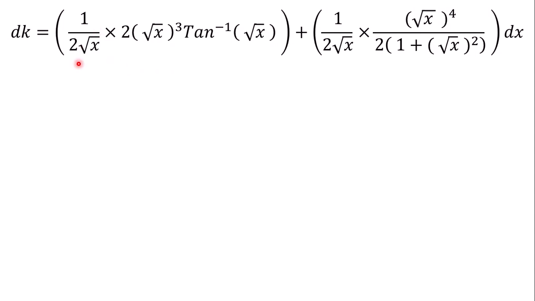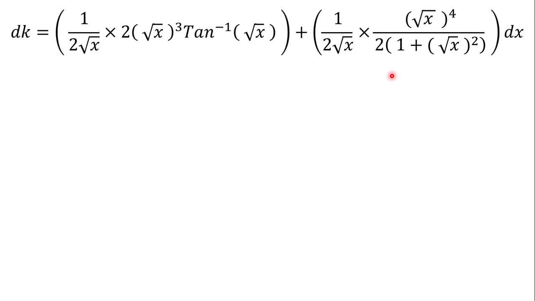You're going to get 1 over 2 square root of x multiplied by 2, multiplied by the whole of this, plus the same thing, 1 over 2 square root of x multiplied by the x. Okay, good. I hope you are not lost and I hope you are not confused. And I believe you will never get confused. In yours, don't omit that step.